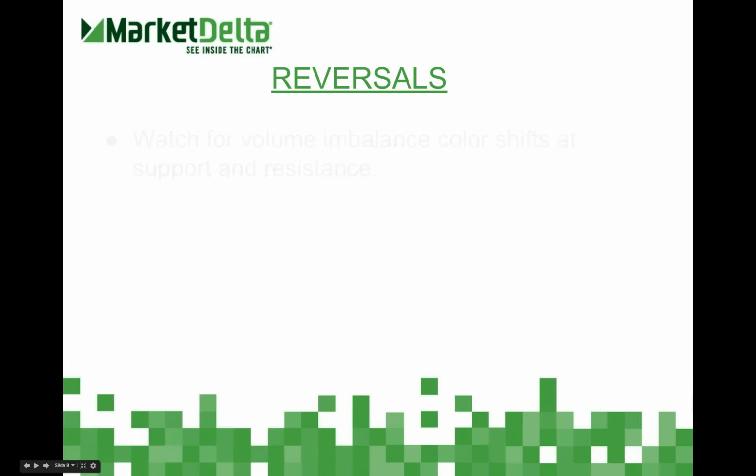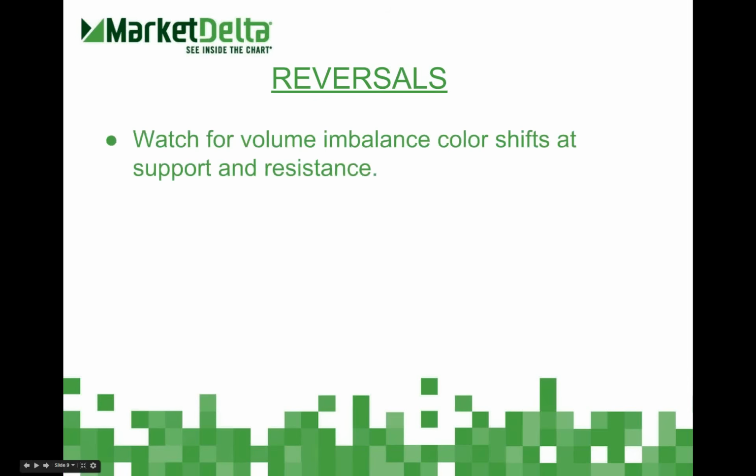All right, so a few notes just to open up. What are we looking for with the reversals? Watch for volume imbalance color shifts at support and resistance. So let's just talk about that. The volume imbalance is going to be best used, I feel, as a tool to qualify the trades that you see.